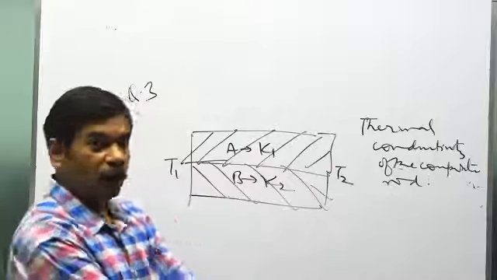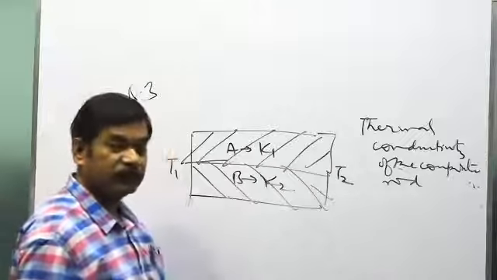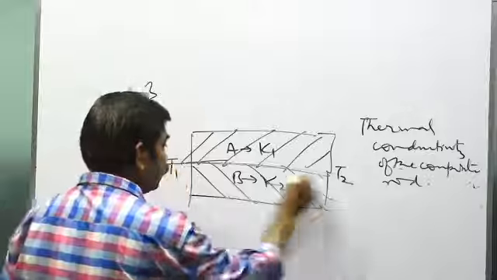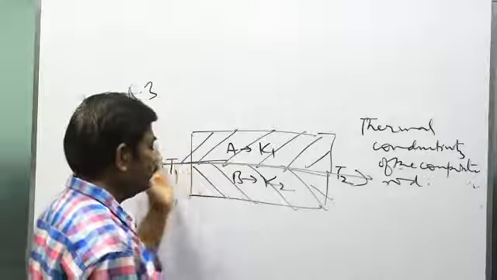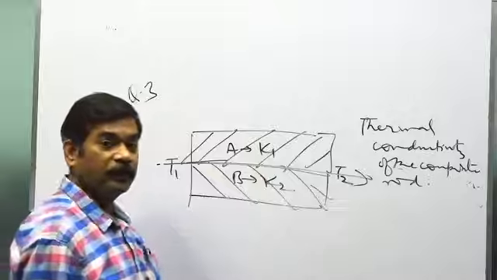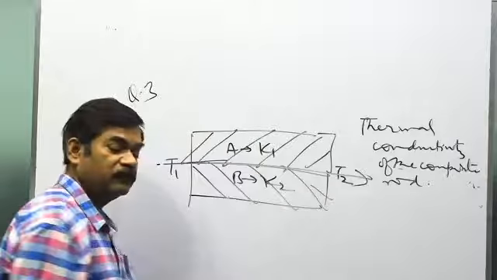No, it's not so. They just want to tell you that heat is flowing along this direction. Based upon that, you can decide whether the two conductors are in series or in parallel.